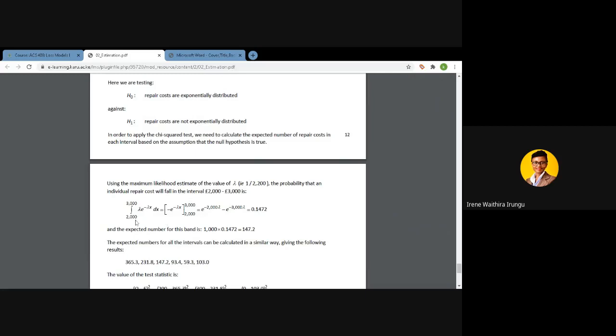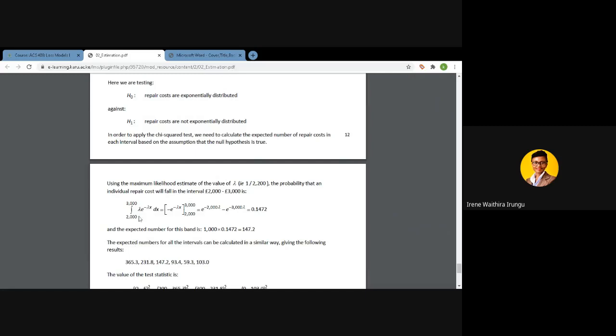Remember, our lambda estimate based on the maximum likelihood example we did earlier was arrived at as 1 over 2200. If this was not given, then you would first of all compute your lambda, obtain it as this, and now apply it in this particular test of hypothesis, or this goodness of fit question.